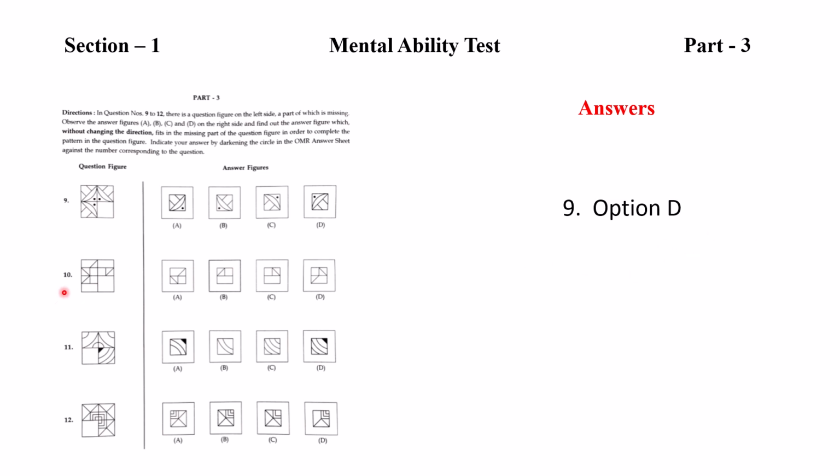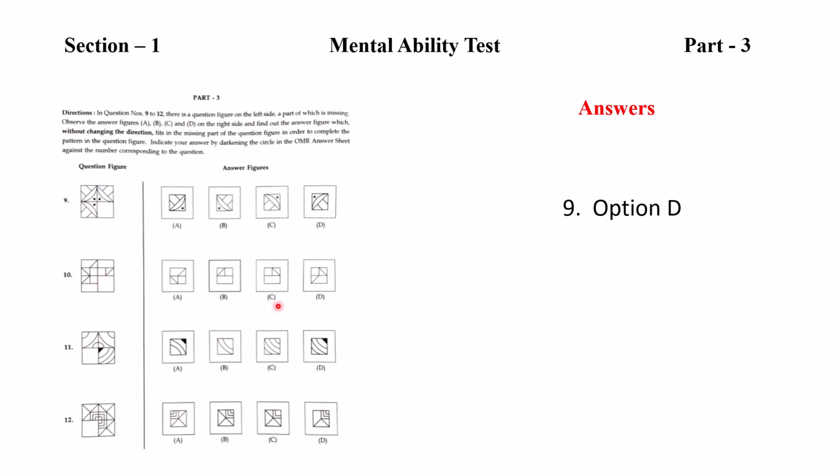Now coming to question number 10, we can see that there is some figure present over here. If we fill option A, this would make some odd line here, and another line here, and one more line here. That would not correctly complete this figure. Again, option B will not complete the figure because it will create a structure something like this.